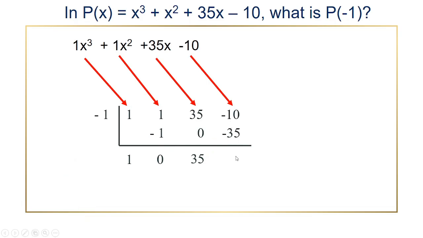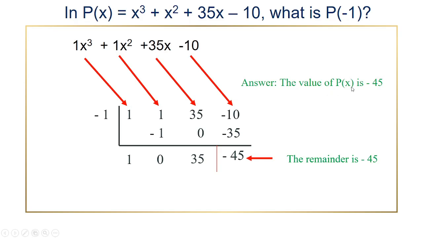Negative 35 plus negative 10 is equal to negative 45. So the last number is negative 45. It means to say the remainder is negative 45. Therefore, the value of P of x is negative 45. Whatever is the remainder, that becomes the value of the polynomial function.